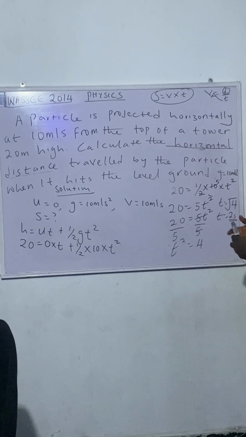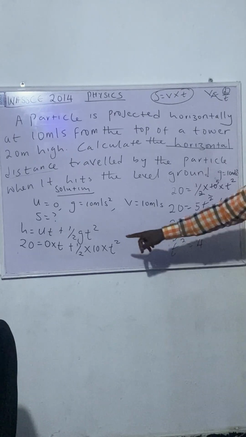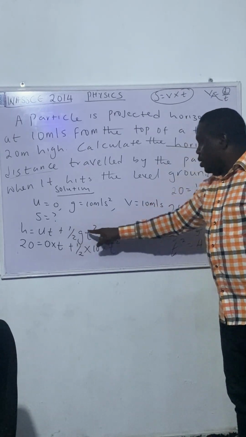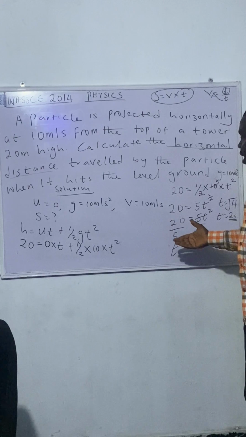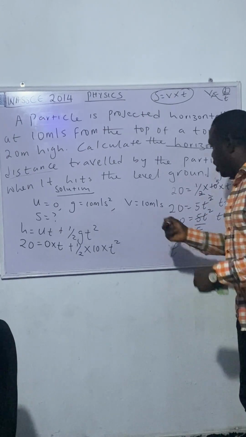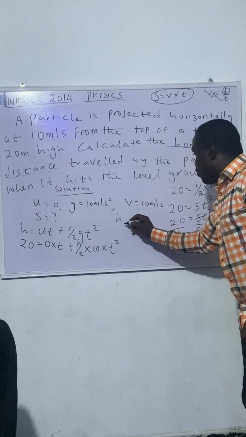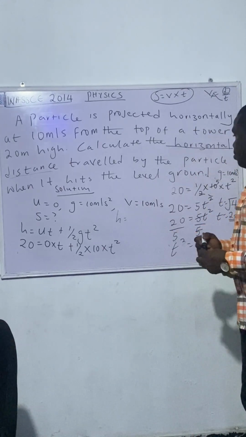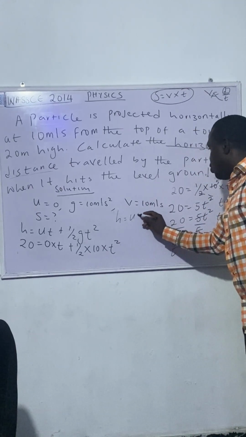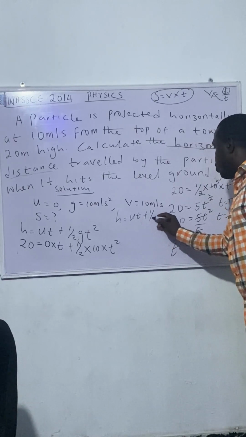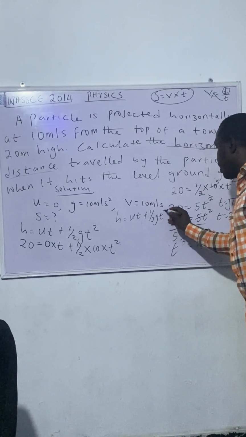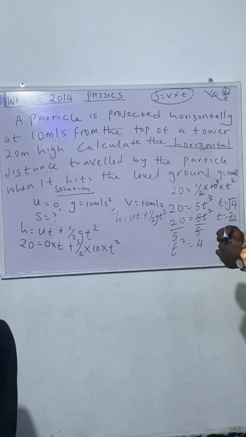But I could also still use this formula, so that you are not confused. I have ut, so I'm going to write the same formula back. So this is the formula now.